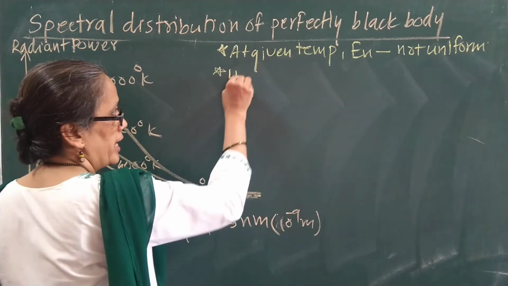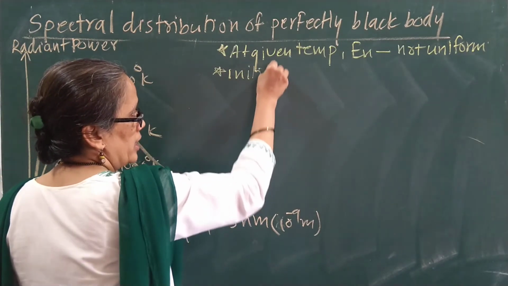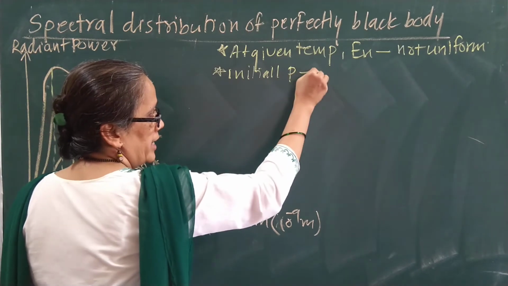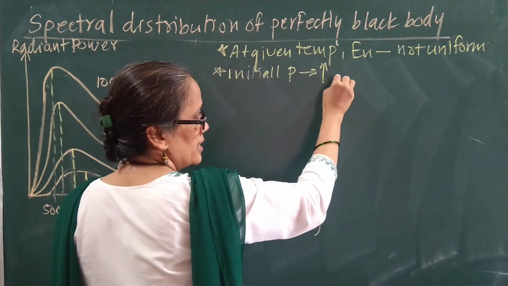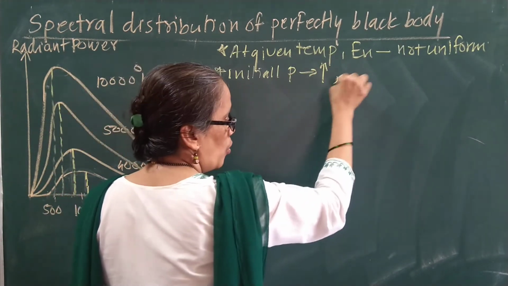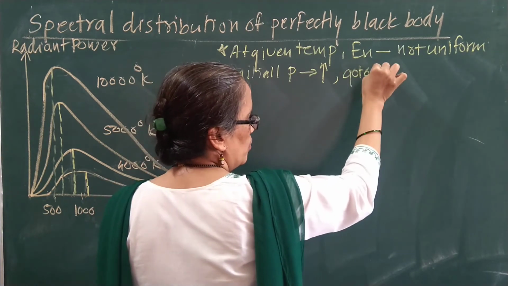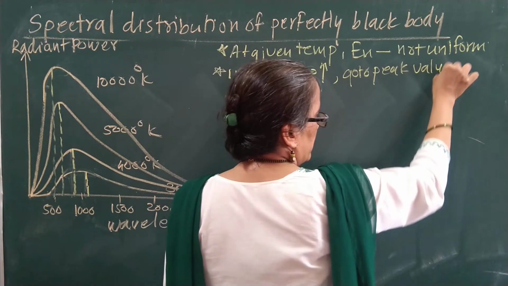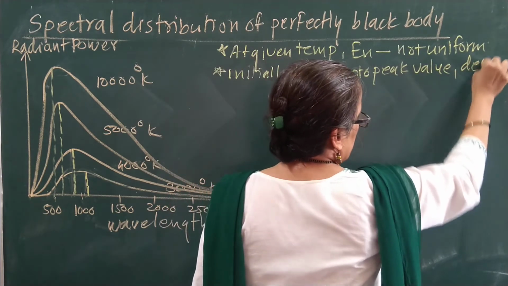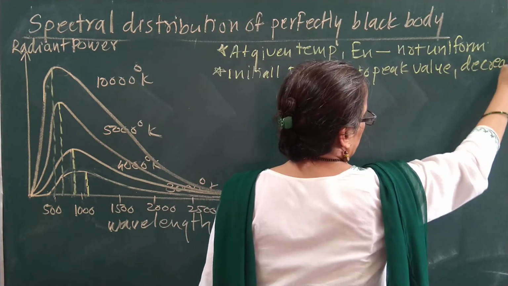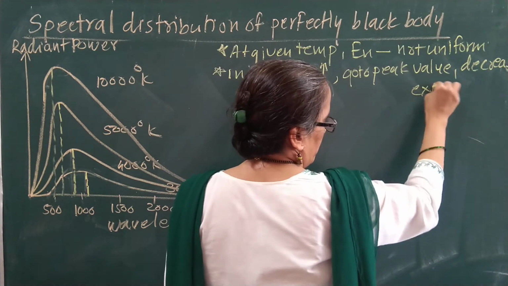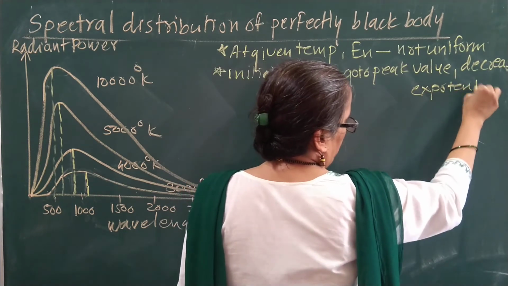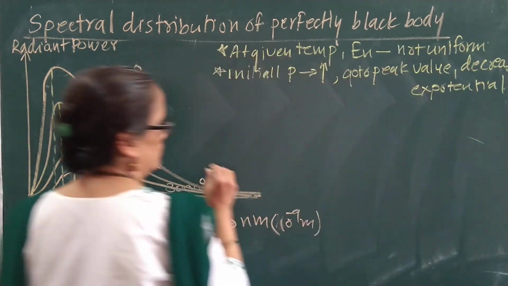So initially, I can say that power radiated increases, then goes to peak value, and from that it decreases exponentially. That is my second conclusion.